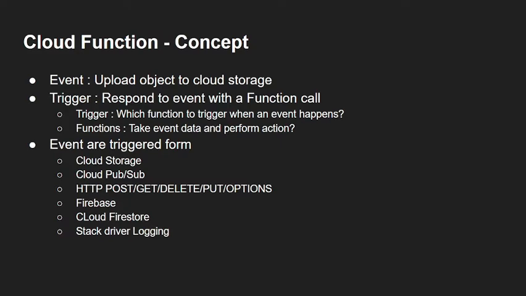You can also trigger it from Firebase and Stackdriver Logging. Important concepts to understand are events, triggers, and functions. An event is something happening. A trigger makes sure that you respond to the event with a function call, and the function gets the event data and performs the actions. The function can be triggered on events from a variety of places.